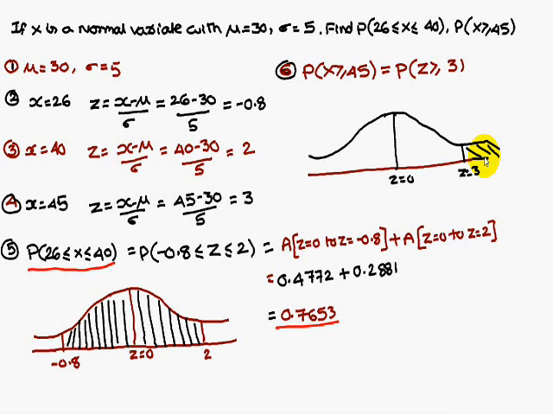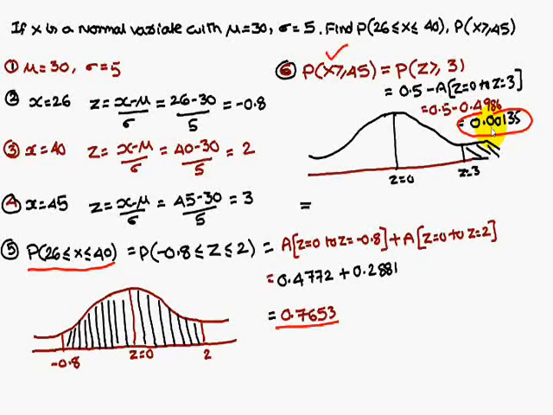To the right of z = 0 the area is 0.5, so 0.5 minus the area from z = 0 to z = 3, which is 0.4986, gives 0.00135. Therefore the probability of x ≥ 45 marks is 0.00135.